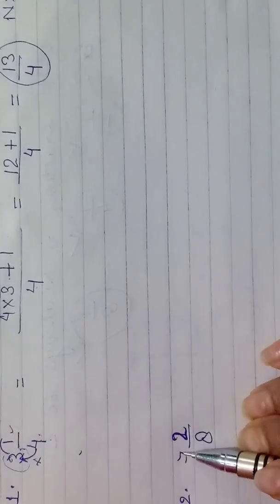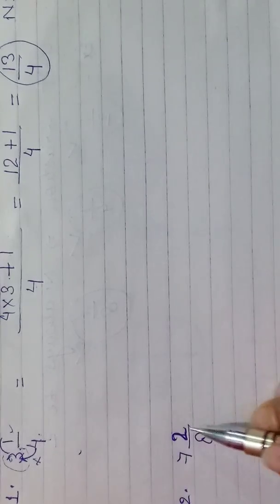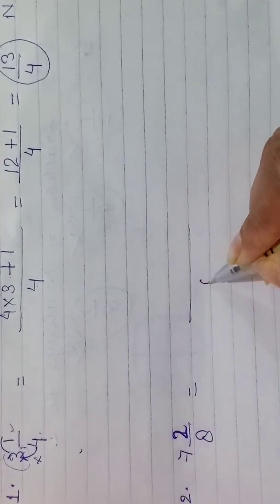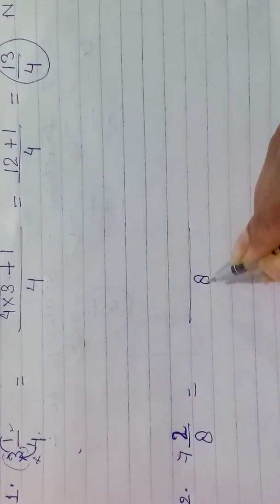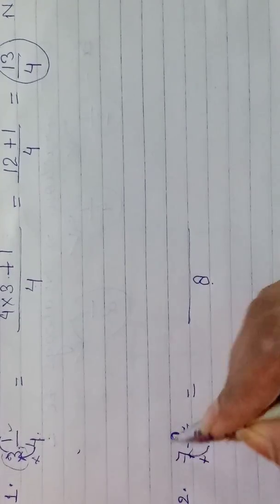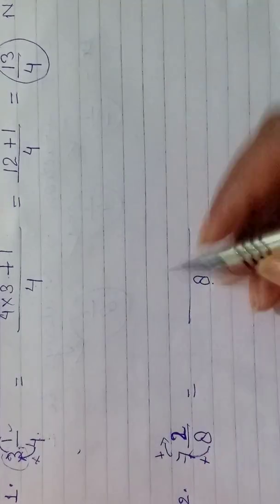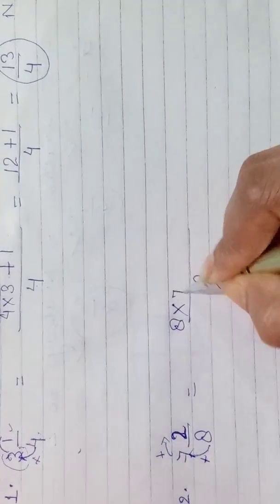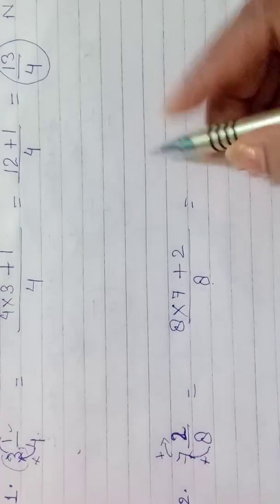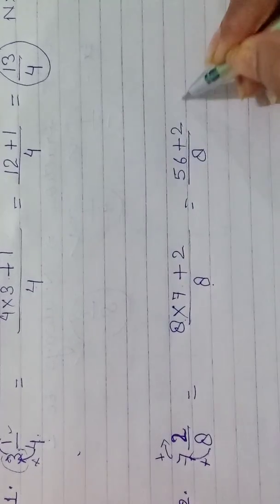Now come to another example, 7 whole 2 by 8. So how will we solve this? We will write the denominator as it is, multiply the denominator with the whole number and add this to the numerator. So 8 into 7 plus 2. So what will we get? 8 7s are 56 plus 2 by 8.